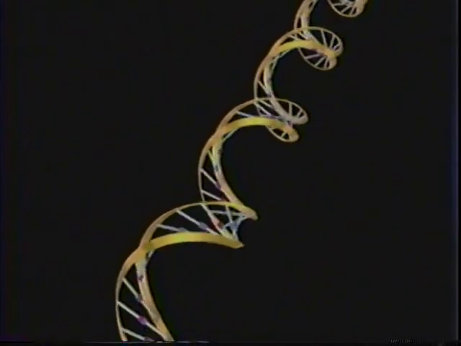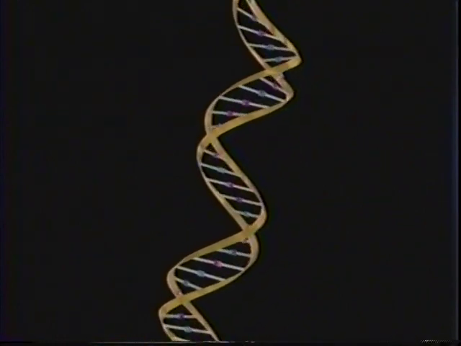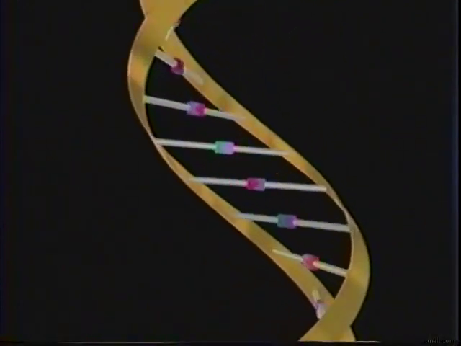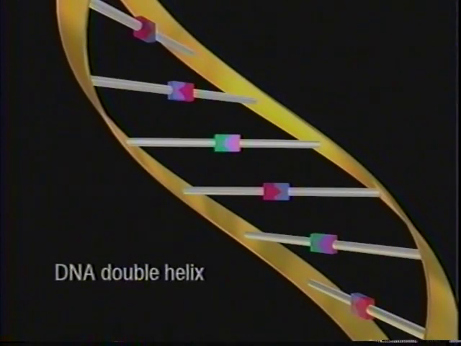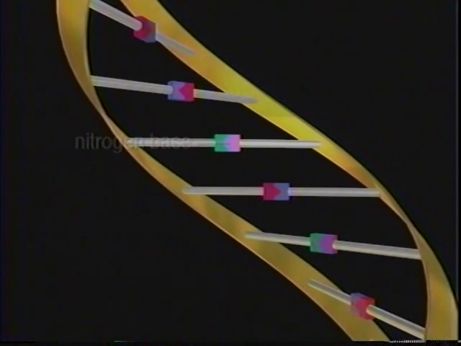A DNA molecule consists of paired DNA strands that twist around one another to form a ladder-like structure called a double helix. Each strand is composed of a long chain of nucleotides, each of which contains a nitrogen base.